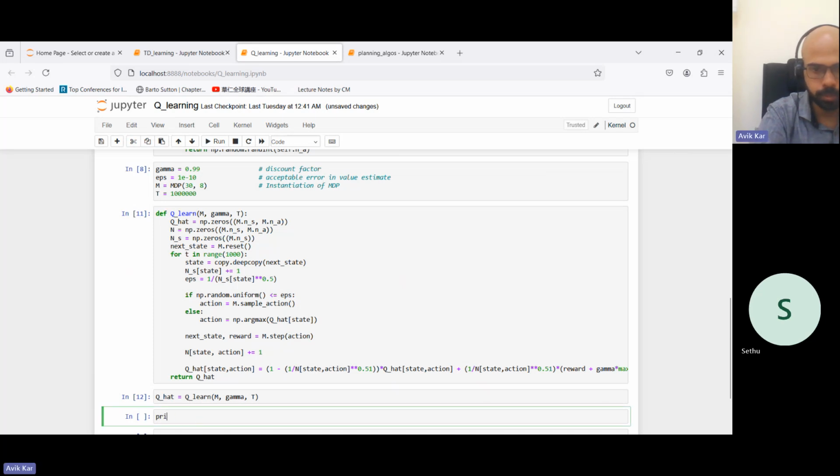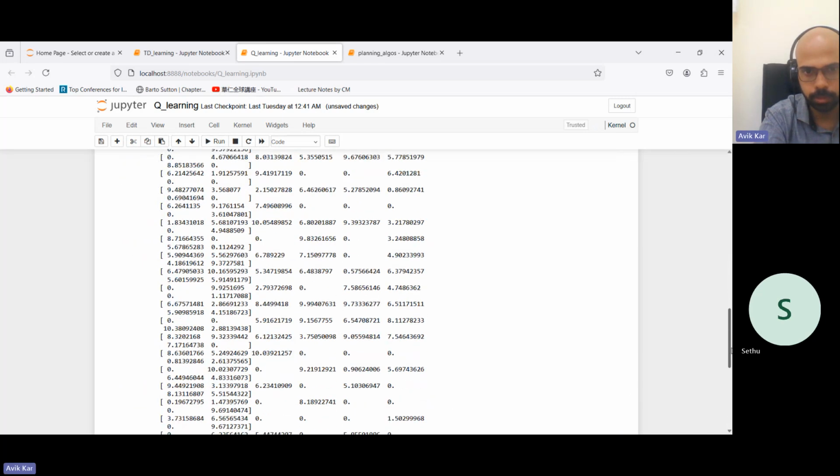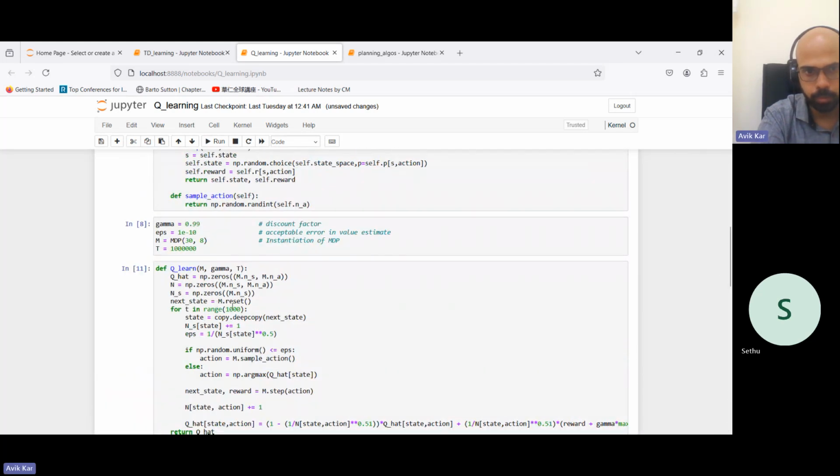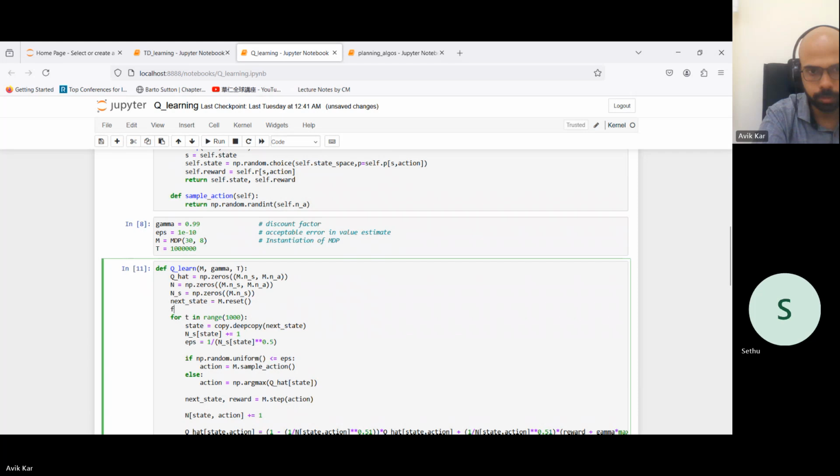Now let us print that. It will be very small because the agent is running for a very short time. Now let us do it for a different number of episodes.